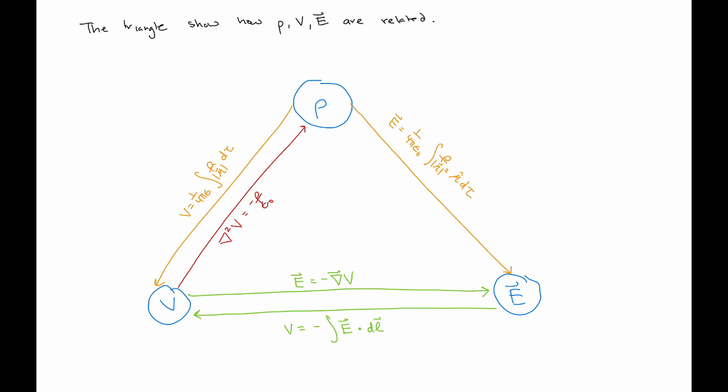That's useful if I just want to calculate the charge density directly from the potential. And then if I instead wanted to calculate the charge density directly from the electric field, I also have some options there.